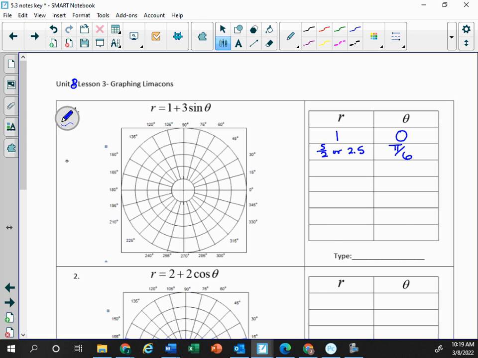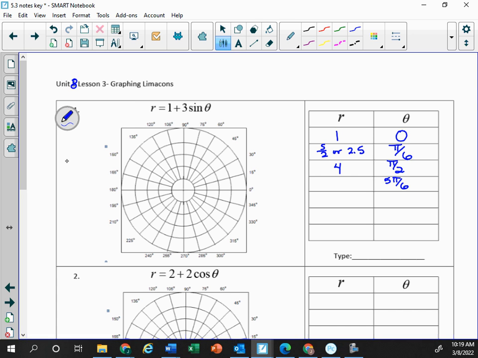All right. Then I'll go all the way to pi over 2. I'm going to skip over the root 2, the root 3. Like, those are not fun to plot. So let's go to pi over 2. What's the sine of pi over 2? 1. Okay, so what will r end up equaling here? 4. Okay, again, I'm doing another over 6. Let's do 5 pi over 6.